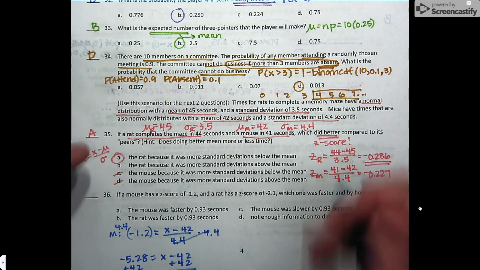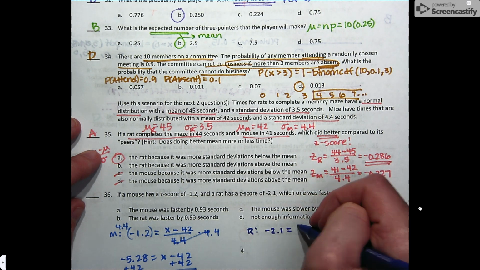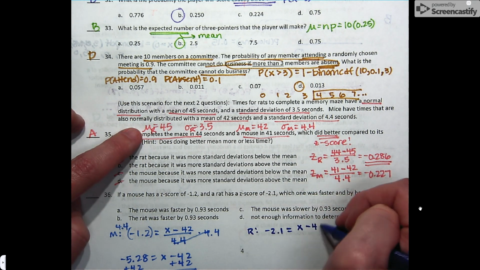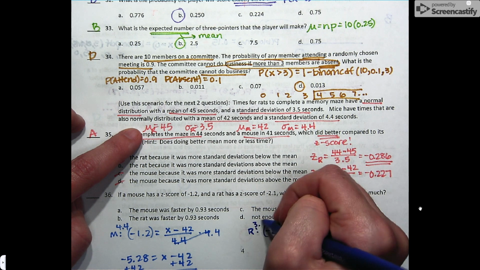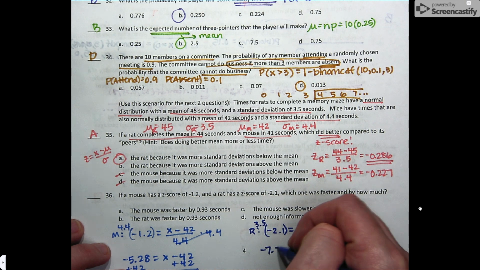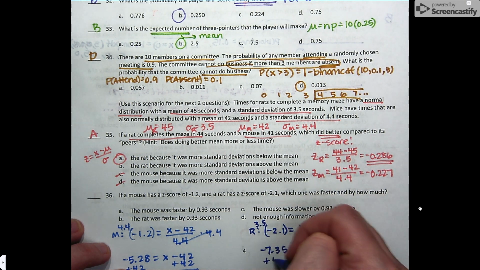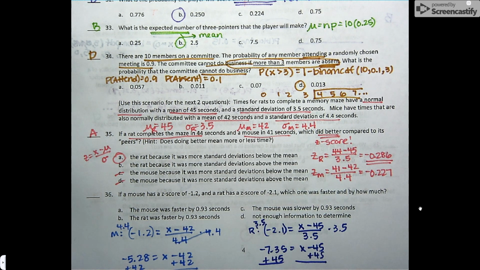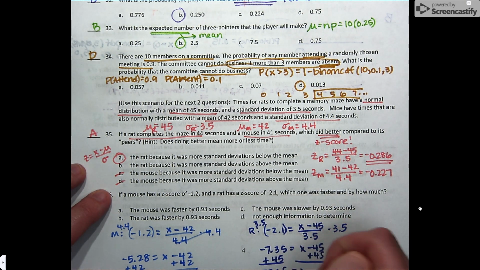Okay, now let's find the rat. So the rat had a z-score of negative 2.1. So its value I don't know, minus its mean, which is 45, divided by the standard deviation of 3.5. So multiplying both sides by the standard deviation, and then adding 45, gives me 37.65 for the rat.